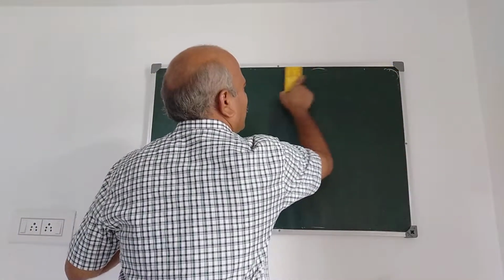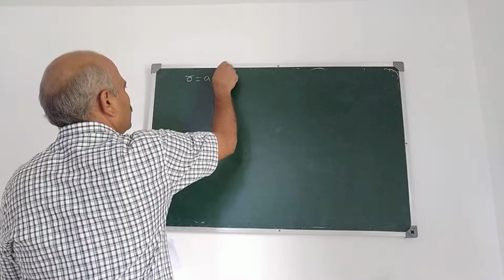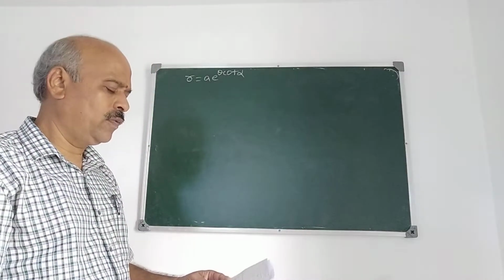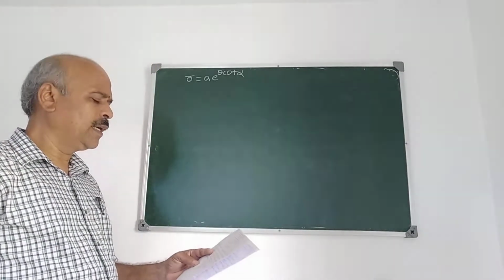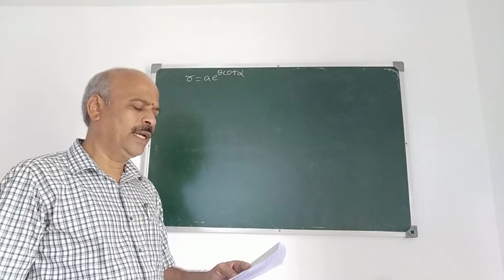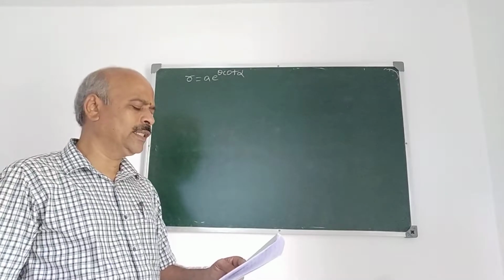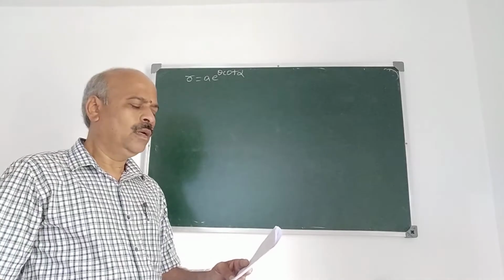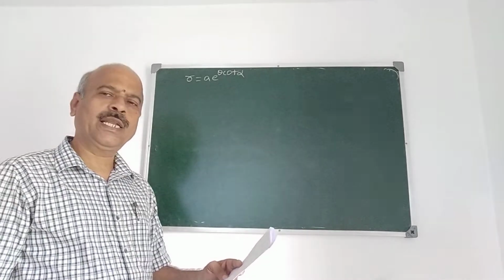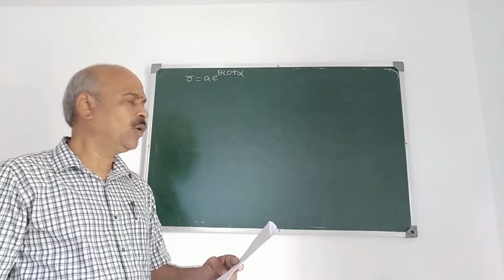I dictate the problem. You note down. If the curve is equiangular spiral, r is equal to a e raised to theta cot alpha, and if the radius vector to the particle has constant angular velocity, show that the resultant acceleration of the particle makes an angle 2 alpha with the radius vector, means direction of acceleration makes an angle 2 alpha with the radius vector and is of magnitude v square upon r.